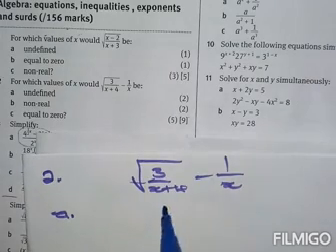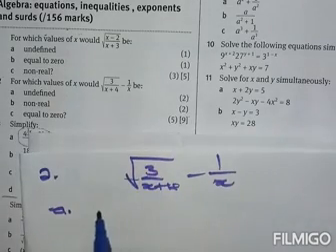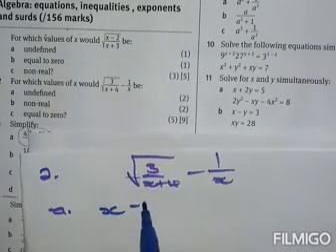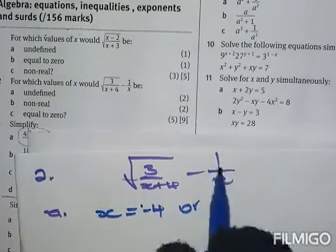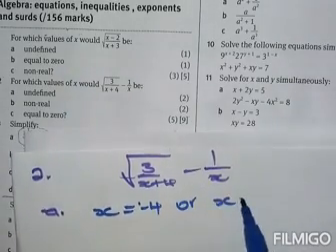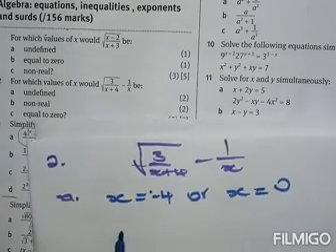Since we have two terms here, when can we divide by 0? First here, we can divide by 0 if x is minus 4, or we can divide by 0 if x equals 0. So this is our answer A.